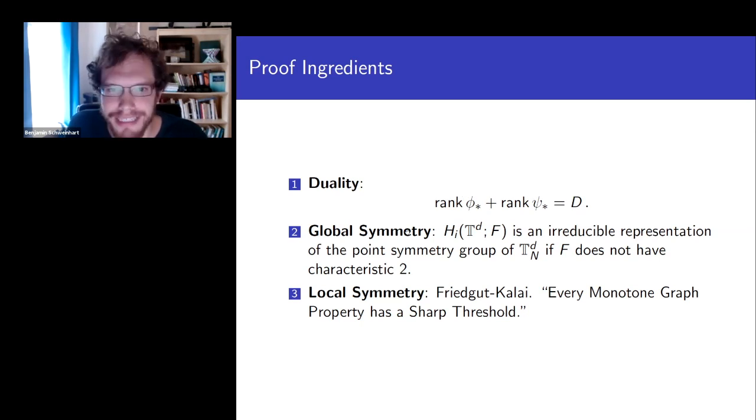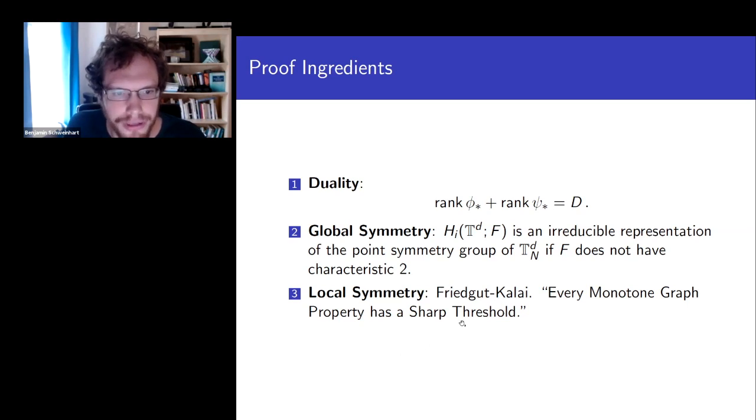The second symmetry I will tell you about is a symmetry of the homology of the torus, which I'll give you a definition of an irreducible representation on the next slide. But this basically says that if the characteristic of our field isn't 2, then our homology is an irreducible representation of the point symmetry group of the torus.